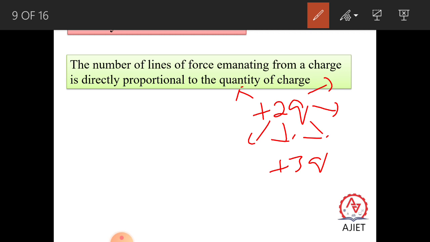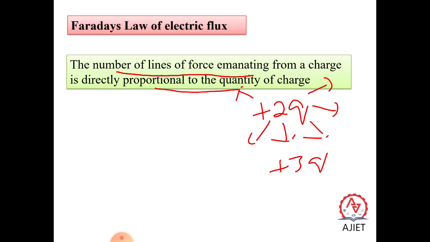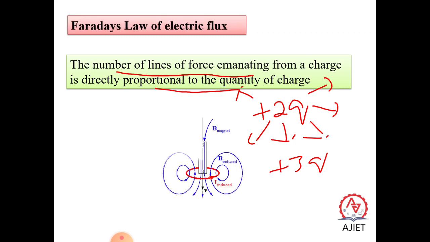So the number of lines of force emanating from a charge is directly proportional to the quantity of the charge. More and more charge gives you more and more lines. It also tells you that the number of lines of force entering the area is equal to the number of lines of force moving through the area. This is known as Faraday's law of electric flux.